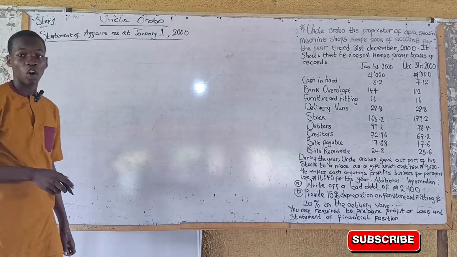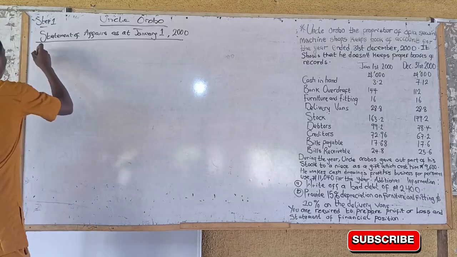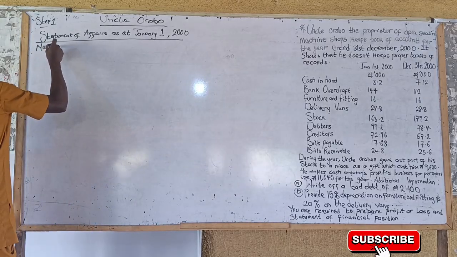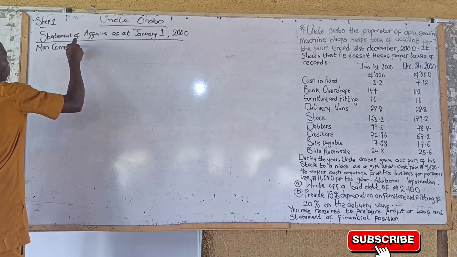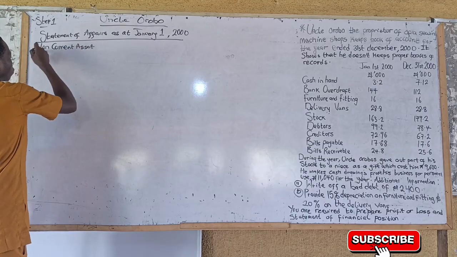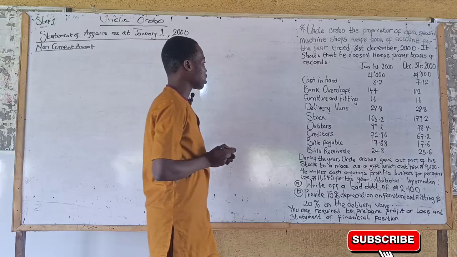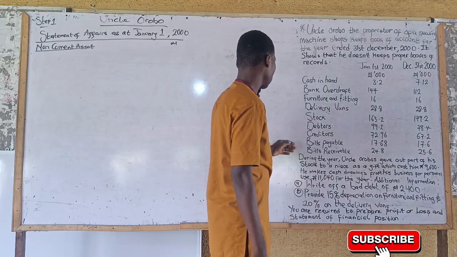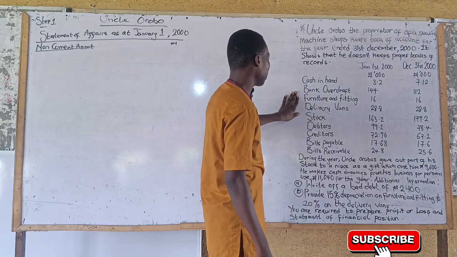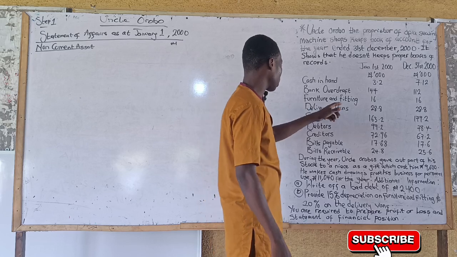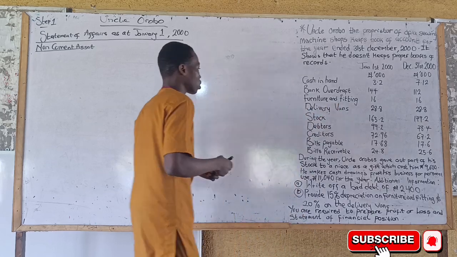We are going to start with non-current assets. Let's look at the transactions we have. We have non-current assets there, which are furniture and fittings and also delivery vans.